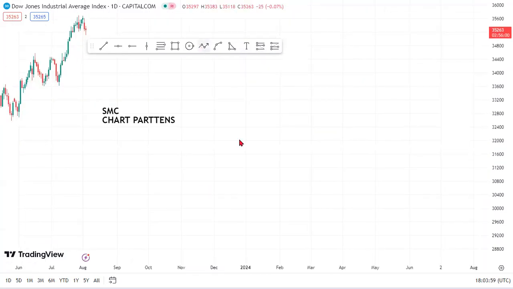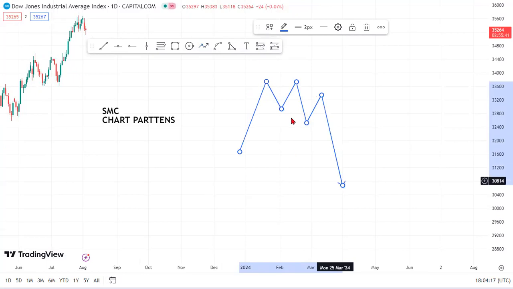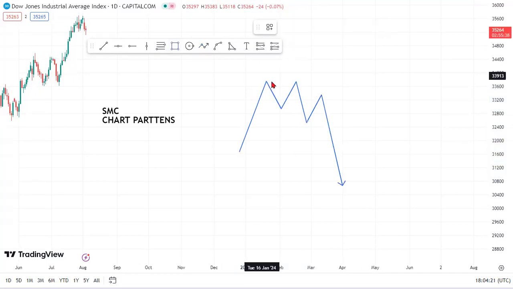So when you have something like this in the market, you realize that you have a double top here.